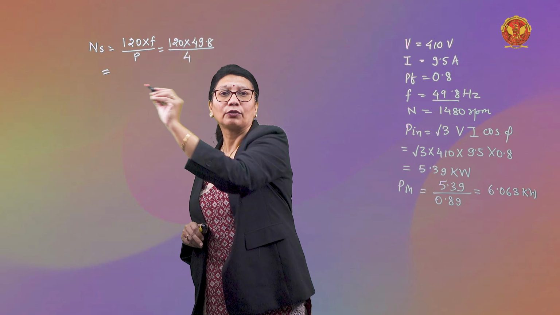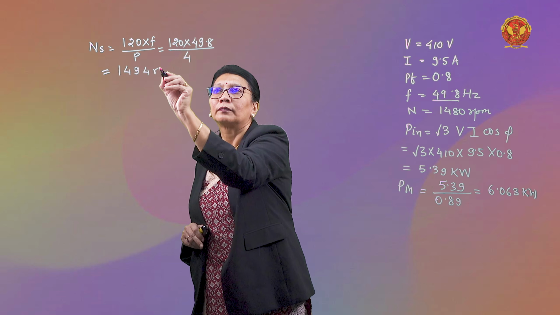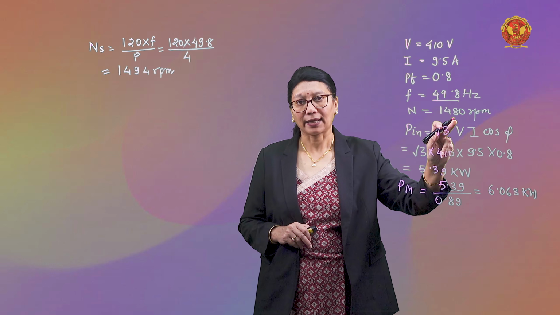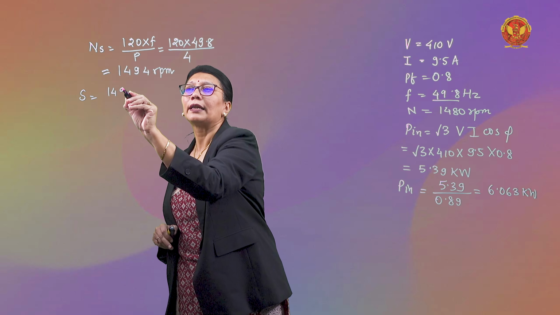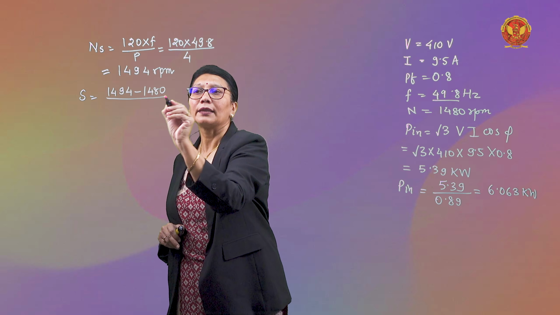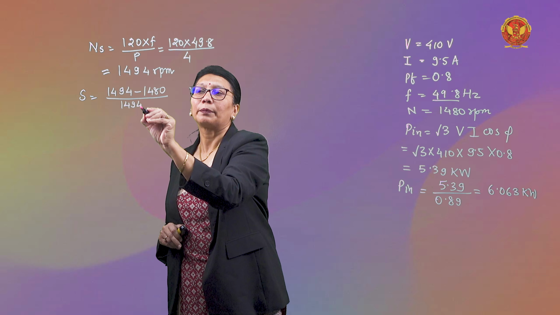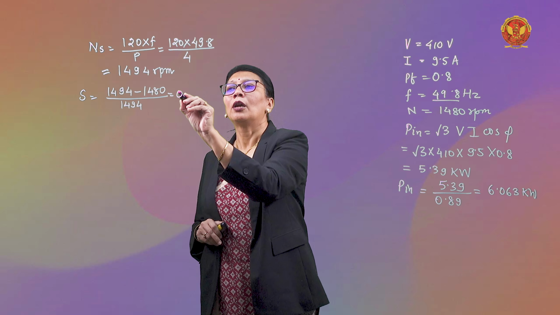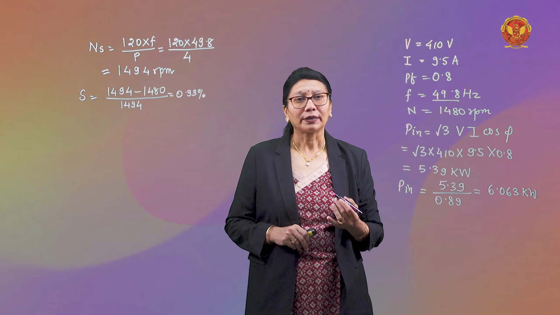So we get the synchronous speed as 1494 RPM and the actual speed is given as 1480 RPM. इस पर बेस्ड जब हम स्लिप निकालते हैं तो 1494 minus 1480 divided by synchronous speed calculated that is 1494 RPM. We get the slip as the percentage 0.93%.